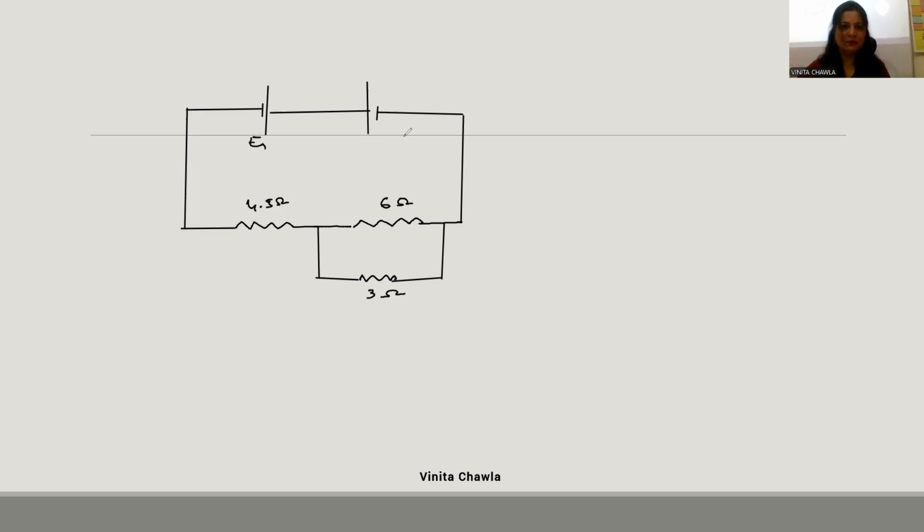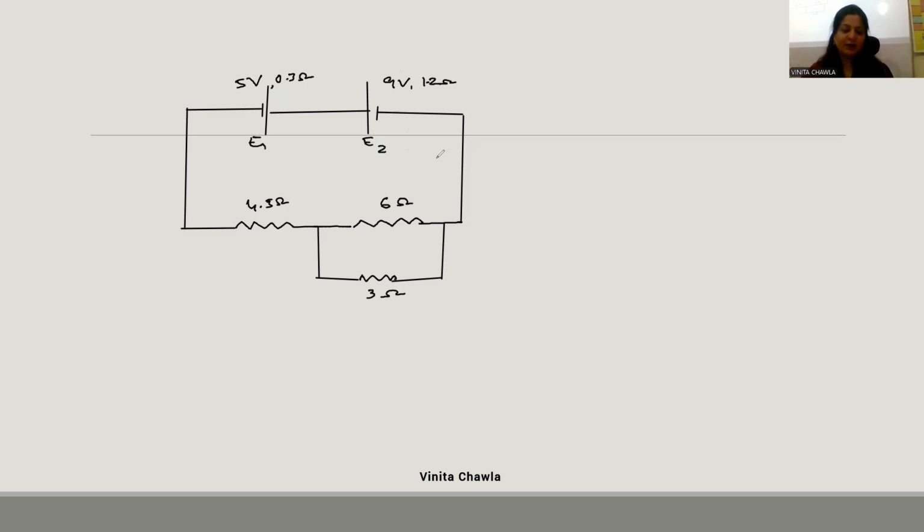This is E1, this is E2, and 5 volts is the value. Internal resistance is 0.3 ohm. 9 volt, internal resistance is 1.2 ohm. Okay. This is the circuit that we have.